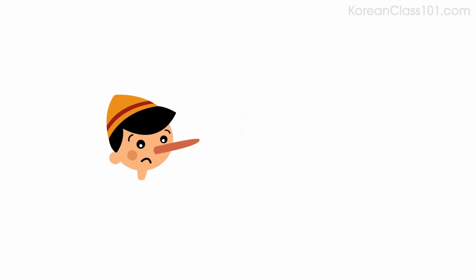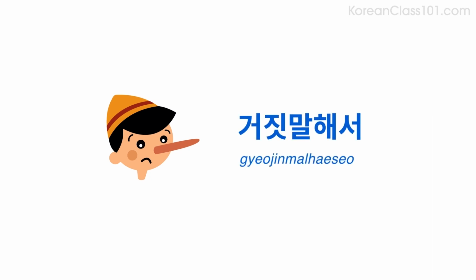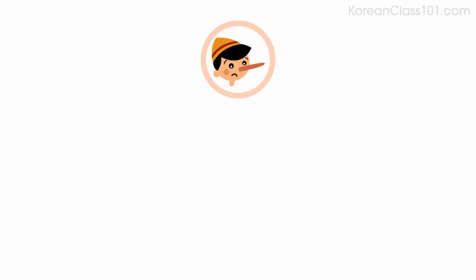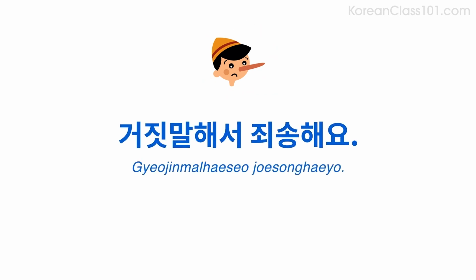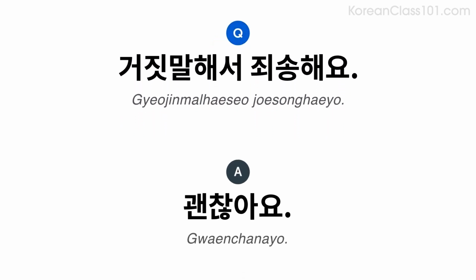Do you remember how to say lying to you? 거짓말해서. Say, I'm sorry for lying to you. 거짓말해서 죄송해요. Now say you're sorry for lying and respond to it. 거짓말해서 죄송해요. 괜찮아요.